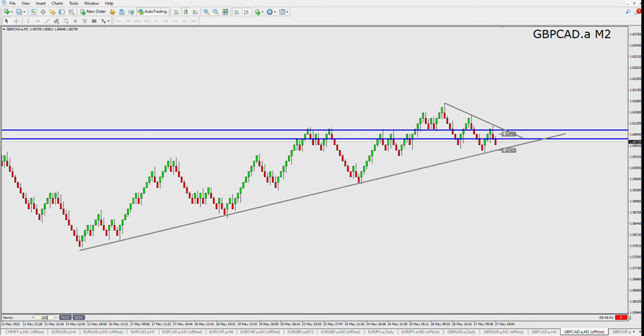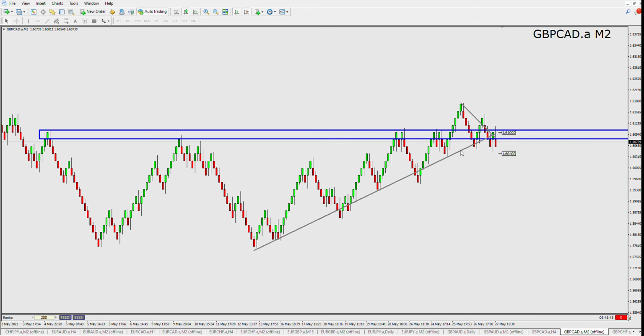I would go to the 20 pip, and the same thing can be observed. We have our trend line going up. We have the break, or the attempt to break above this resistance, and then going back a little bit below this resistance level.